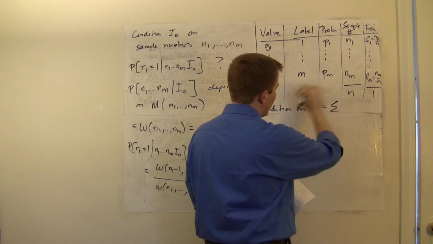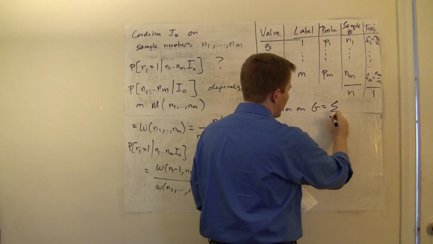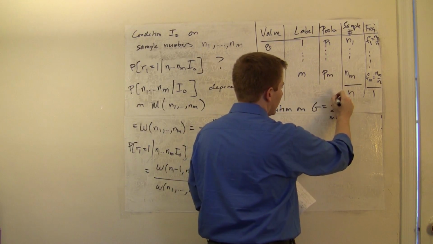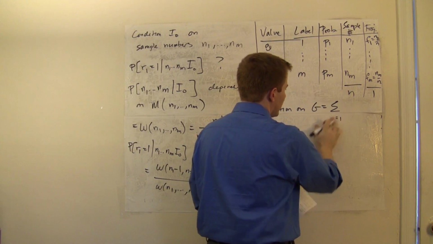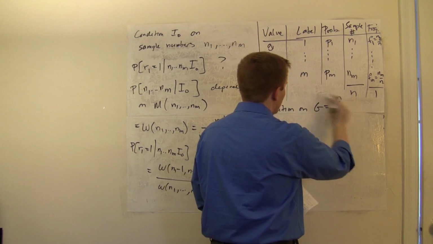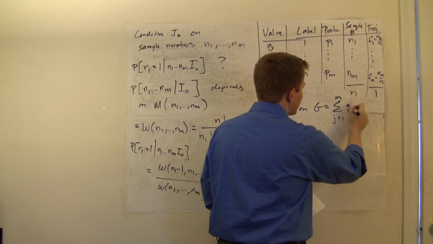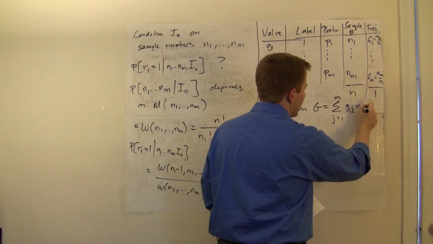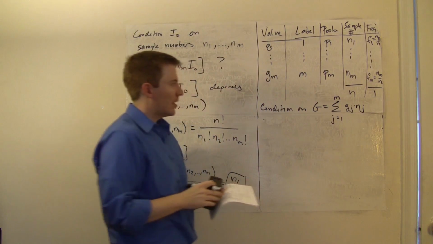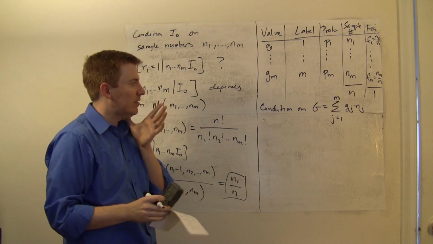If you break that down in terms of the labels, this would be the sum from J equals 1 to m of the value of getting state J times the number of times you got it in the experiments. Okay, so hopefully that makes sense.